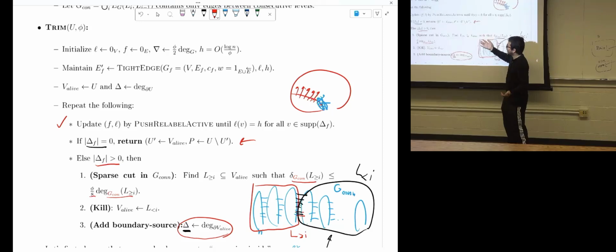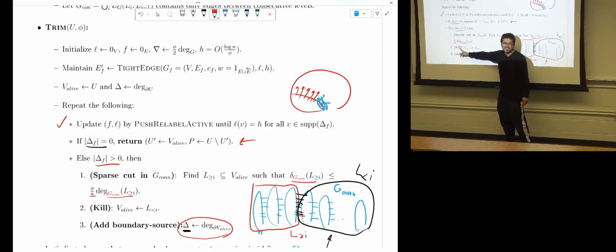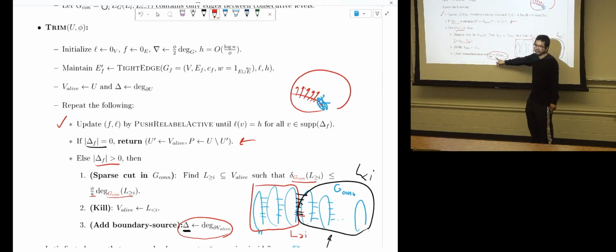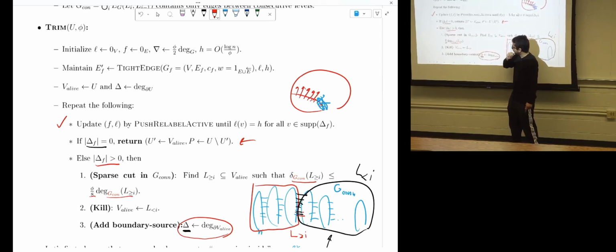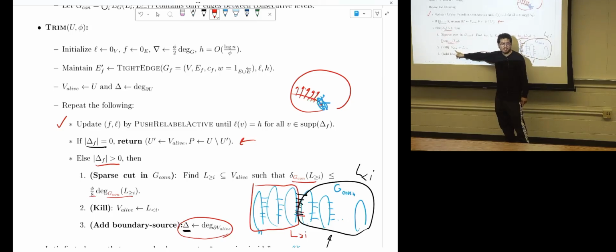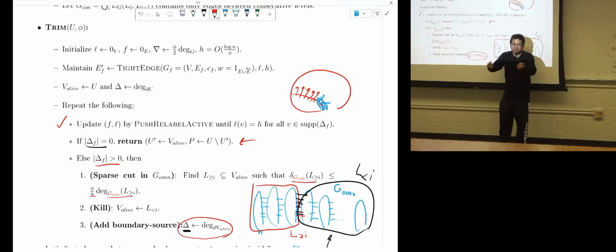Where else can we violate? This is the queue. We queue something, and we do something here. We need to check here. When you queue something, can you overstretch any edge? No, you just remove things out. So there's no new overstretched edge.